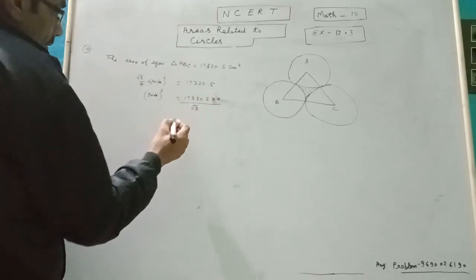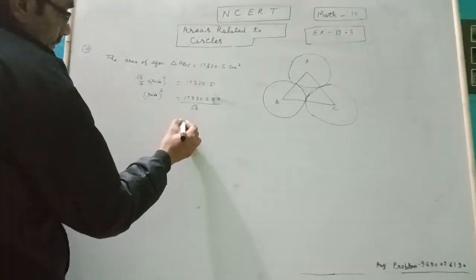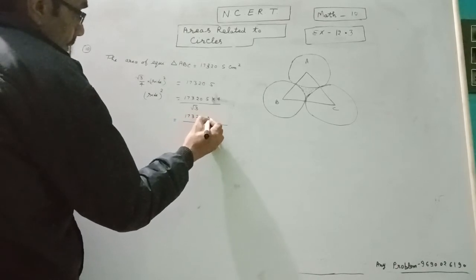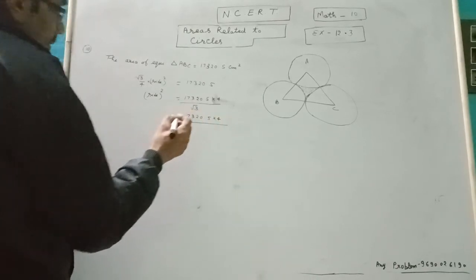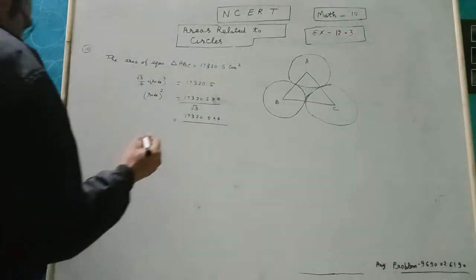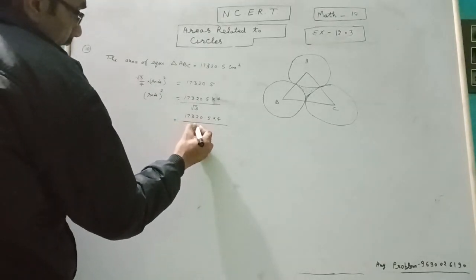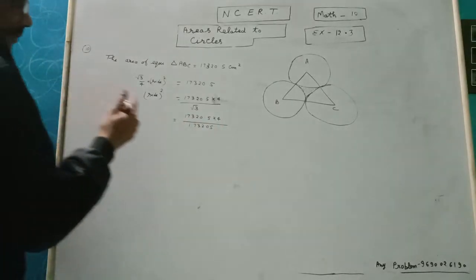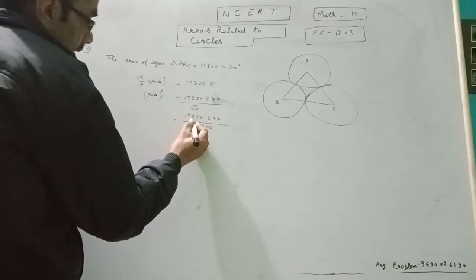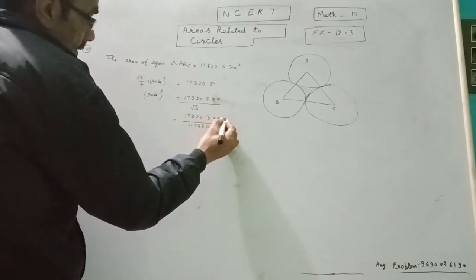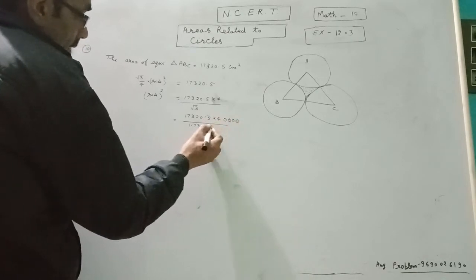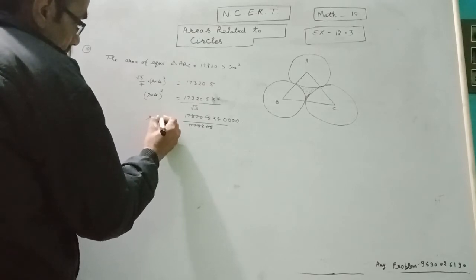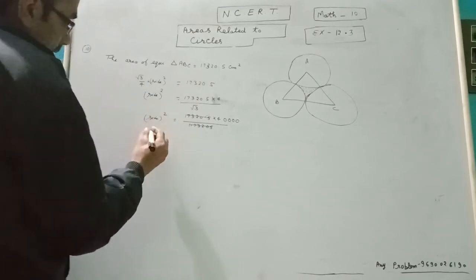The root 3 value is given in the question: 1.73205. Remove the decimal and divide, same by same is 1. That value is the side of the equilateral triangle.